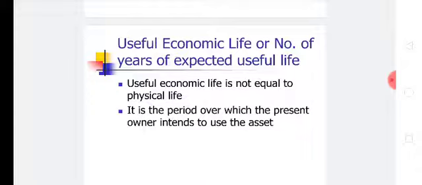That is the economic life of a particular asset, कि वो चाहता है कि मैं after 10 years इसको मैं resell करूँगा. That is totally based on choice, for 10 years or 20 years. On the basis of those years, you have to calculate the depreciation value.